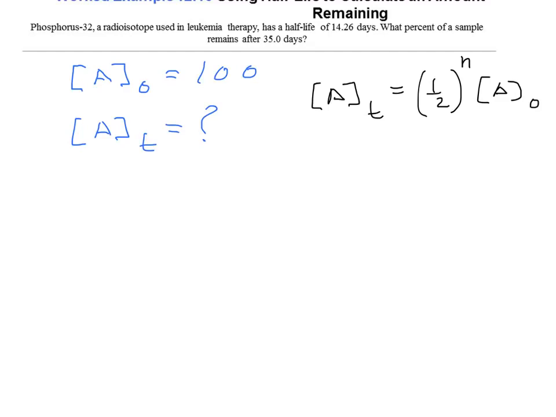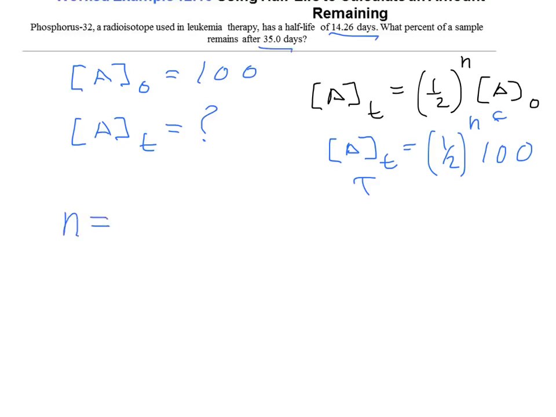If you look at what they've given us, they're wanting us to solve for A sub t. They've told us that we have 100 as our initial amount, and then we need a number of half-lives. We have to get one of these two variables. They've given us the number of half-lives indirectly. They've told us the length of a half-life, and they've told us the days.